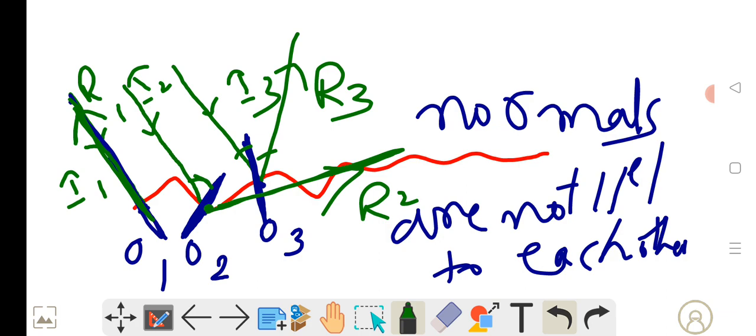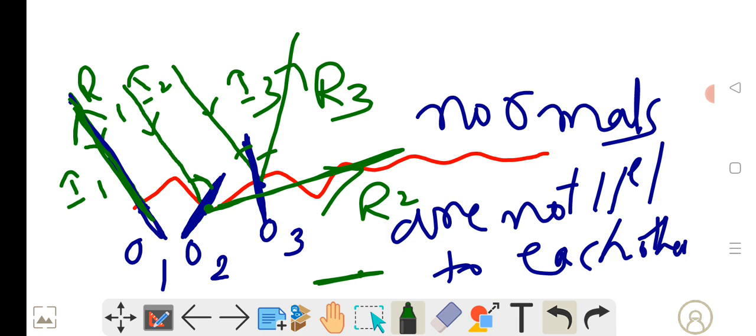So here, according to the laws of reflection only, you will not have parallel reflected rays. Understood? That's why this type of reflection on a hard surface we call irregular or diffuse reflection. But here also the laws of reflection are obeyed.